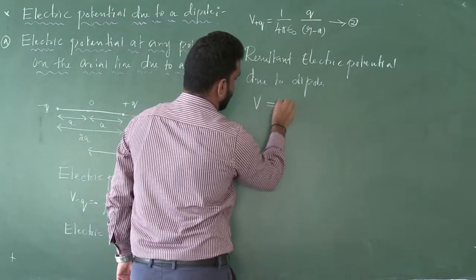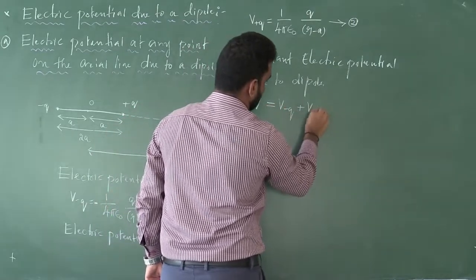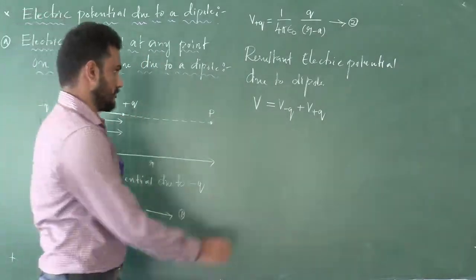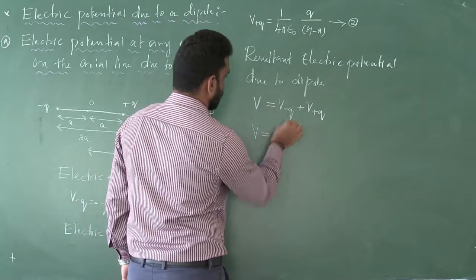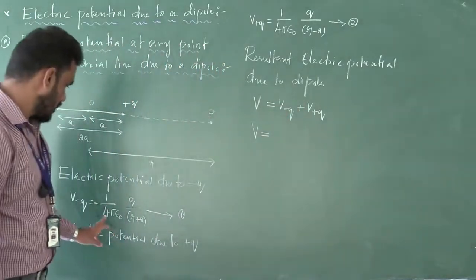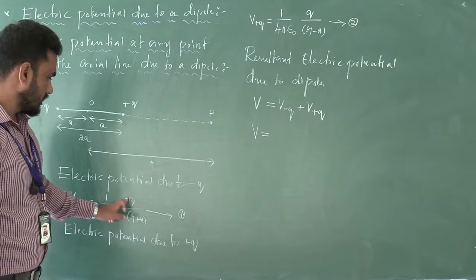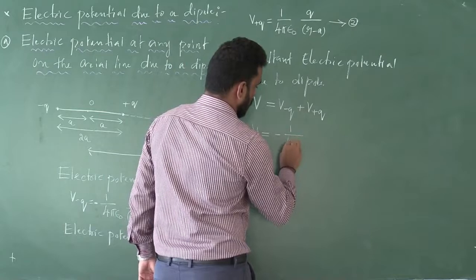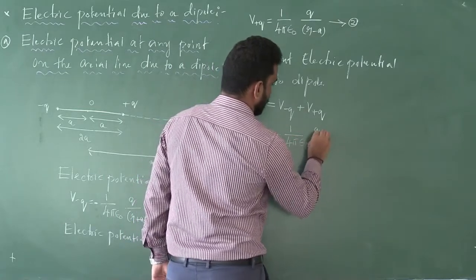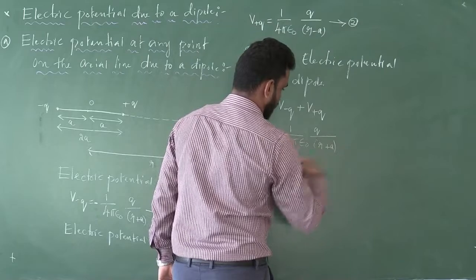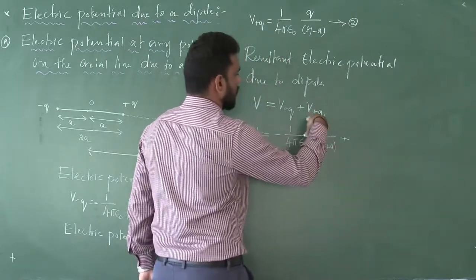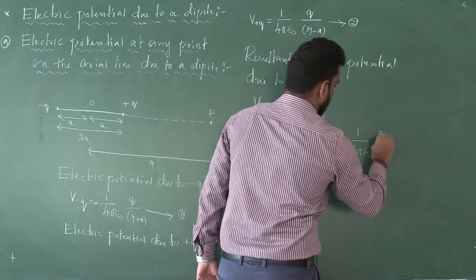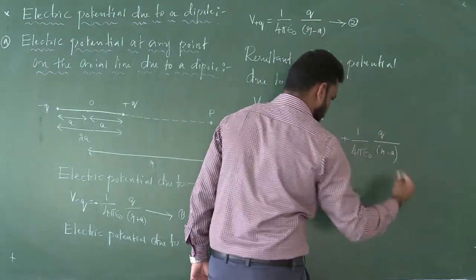V is equal to V minus Q plus V plus Q, so V is the resultant electric potential. V is equal to minus 1 over 4 pi epsilon naught Q divided by r plus a, plus 1 over 4 pi epsilon naught Q divided by r minus a.